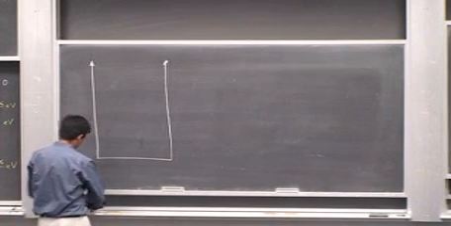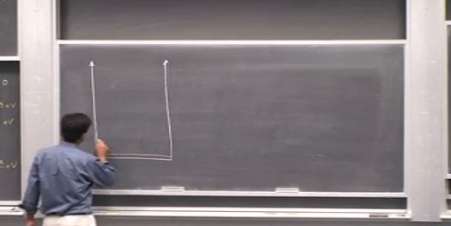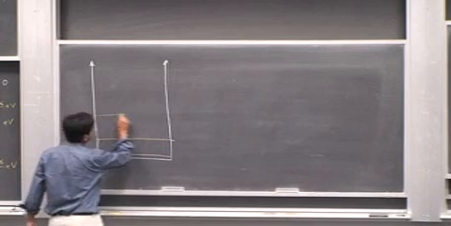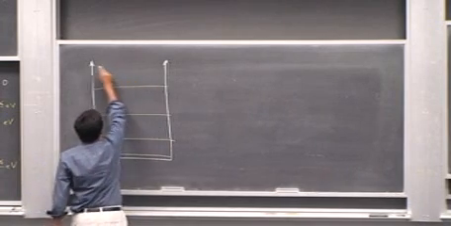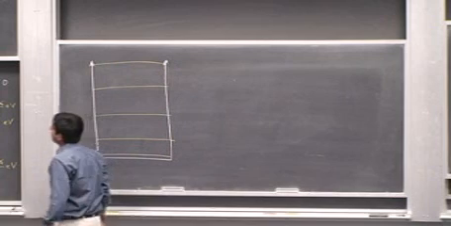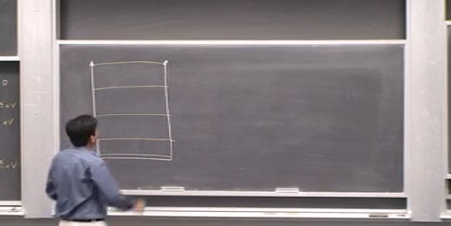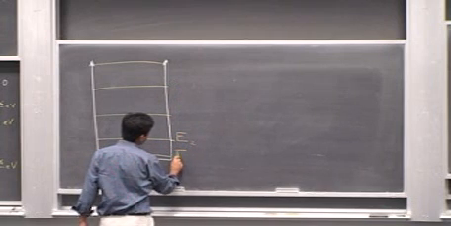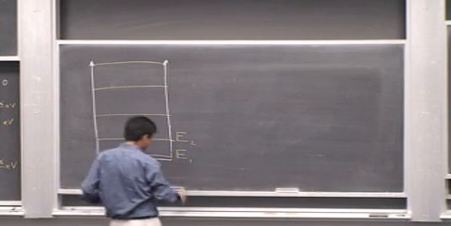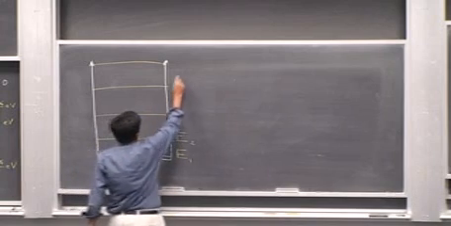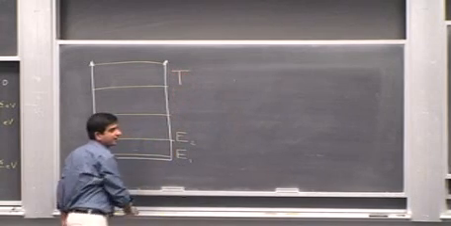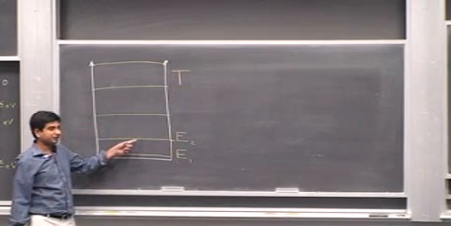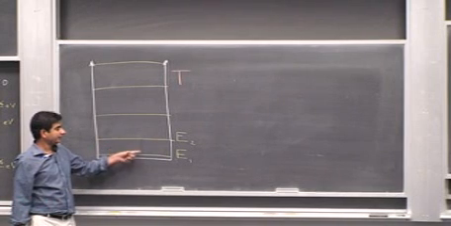Alright, so we have these energy levels. One question: if I'm at temperature T and I have this energy E2 and this energy E1, and this system is placed at temperature capital T, I want to find the ratio of the populations of levels E1 and E2.